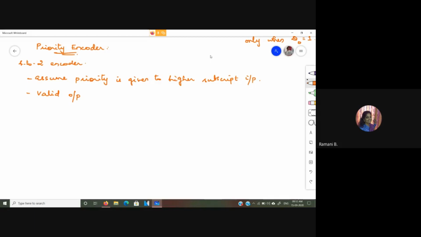So here with respect to this, if we are going to write the table, we have D0, D1, D2 and D3 as inputs. Valid output validates the input combination.